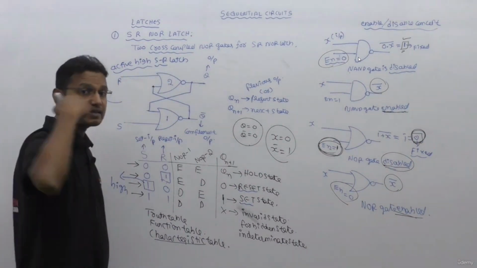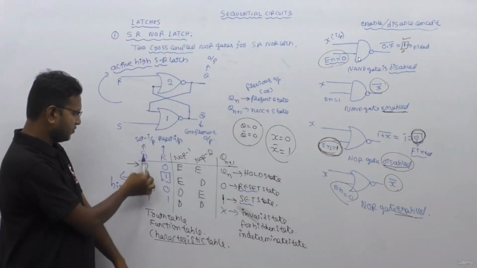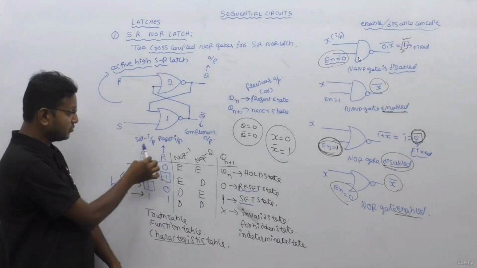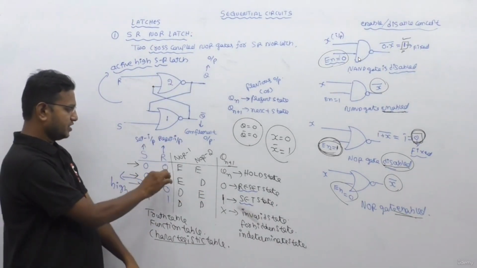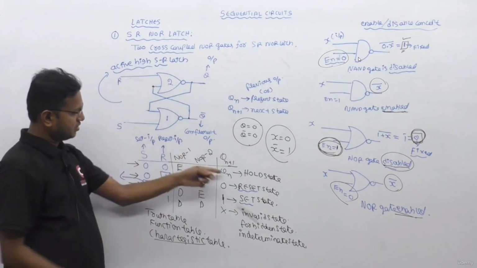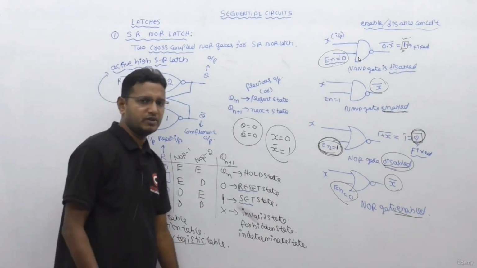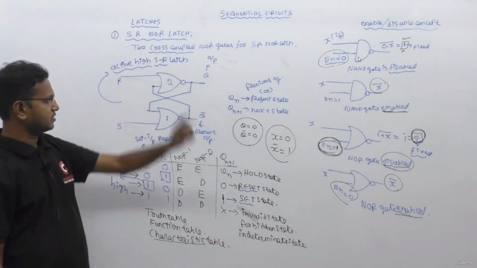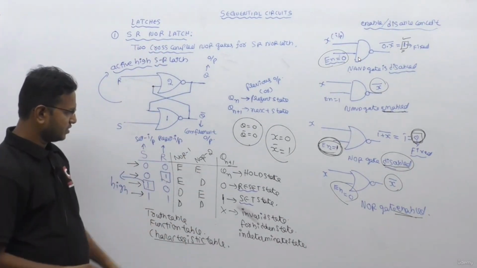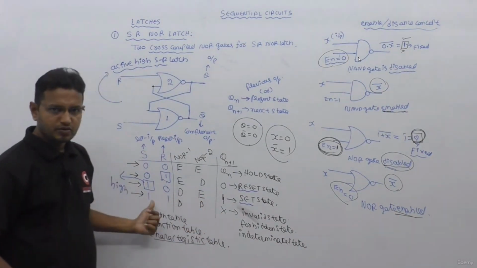Why is it called active high? Because if S is high, the set input is high, the device will be storing 1, set. If reset is high, the device will store 0, or it will be reset. That's why it is called an active high SR latch. And never give S equal to R equal to 1.